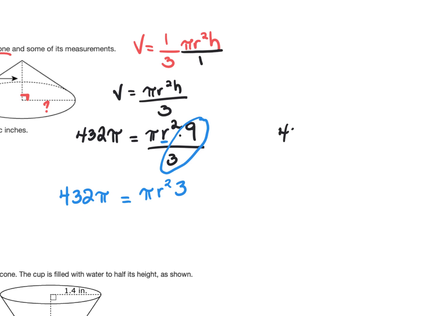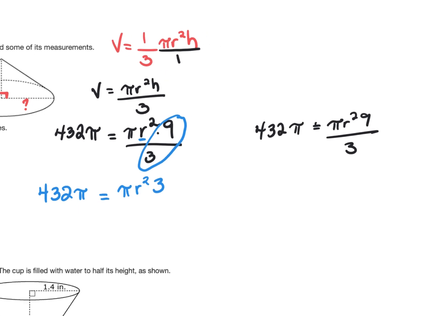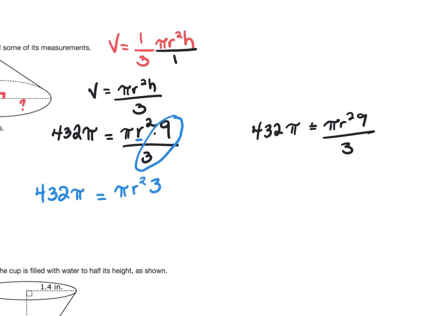To get rid of the fraction, and that's something we always want to do, remember, fraction's division. The opposite of division is multiplication. So if I multiply both sides by 3, that gets rid of the fraction, because 3 divided by 3 is 1.